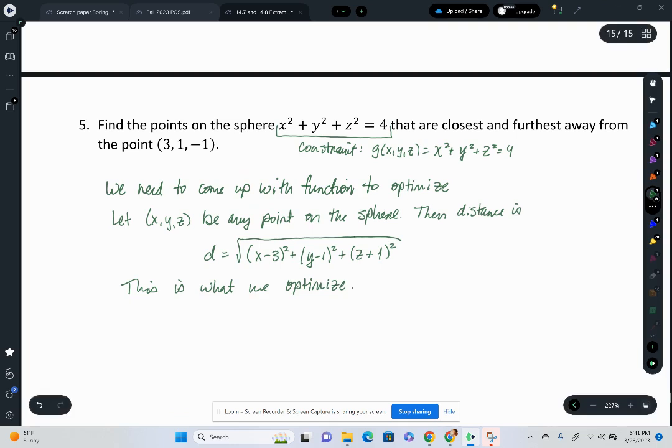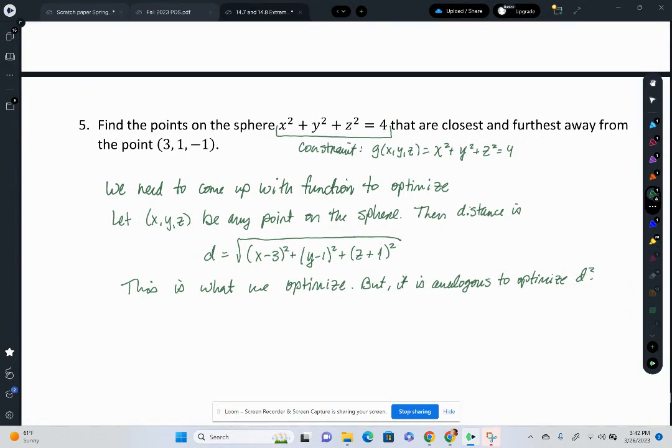But it is analogous, or the same, to optimize d squared. We're going to look at the squared function instead, because if we find the closest point for the distance function, it is also the closest point for the square of that distance function, so that shouldn't change what we find.